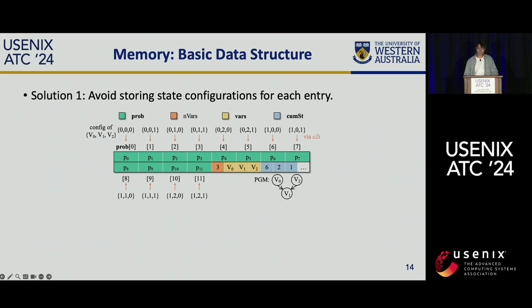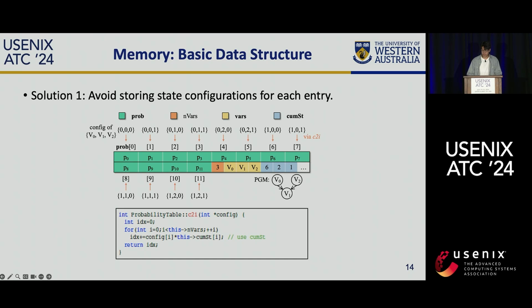To address this issue, our basic data structure uses a compact probability table structure to avoid storing the state configurations. It only stores the probabilities, and the corresponding configuration can be easily transformed from the table index through a hyperarray SUMST that stores the cumulative number of states.